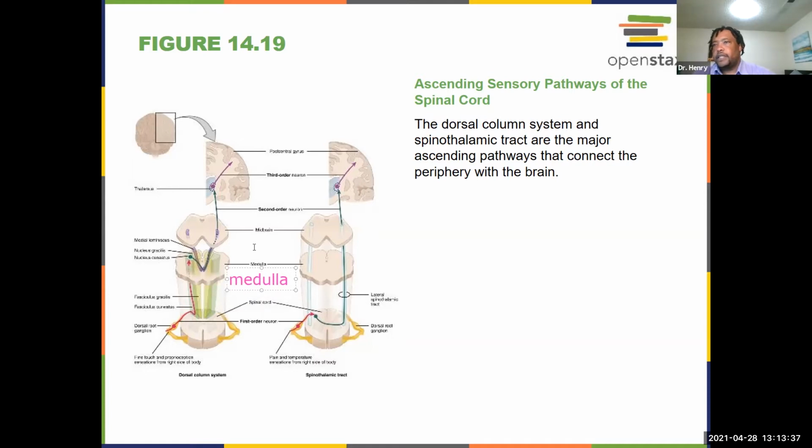So this is the medulla, this is the middle brain. This is a second order neuron, and a third order neuron.